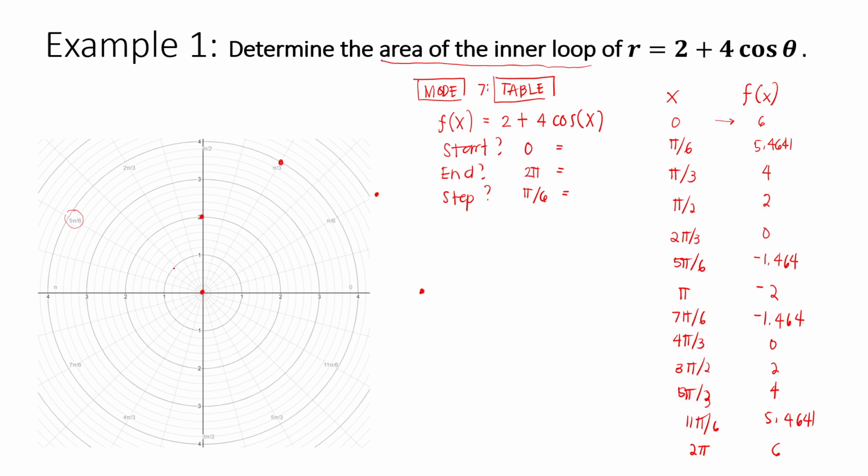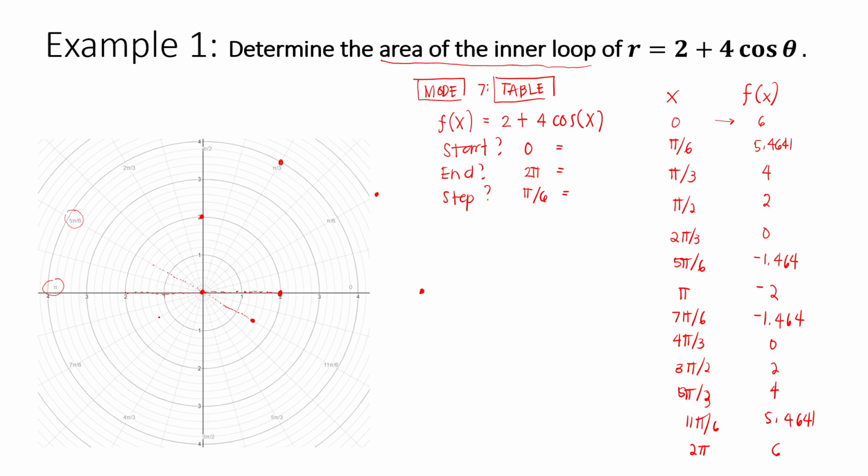So 1.46, or let's say 1.5, is positive 1.5 here. The opposite of which is negative, so it will be on the other side. So negative 2: this one is pi, this one is positive 2, so the opposite of this is on the other side, your negative 2 here. So 7 pi over 6 is on the same line as 5 pi over 6.